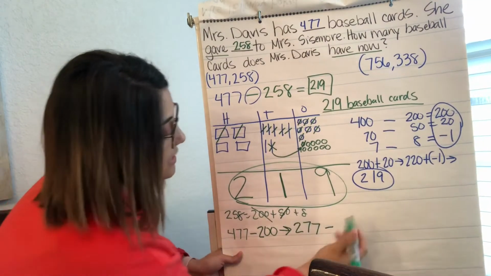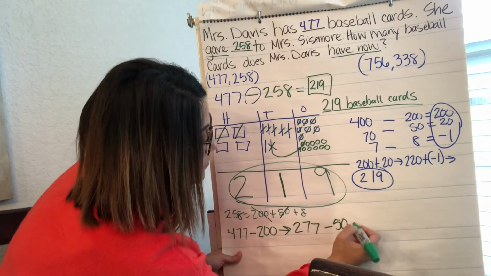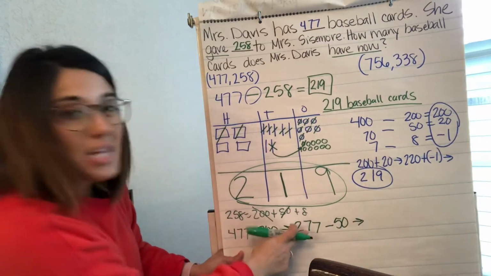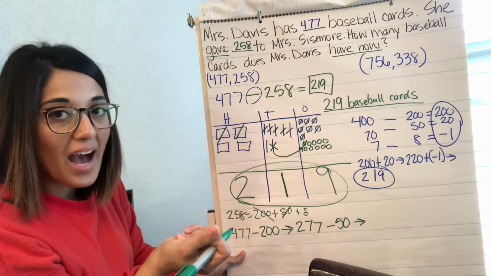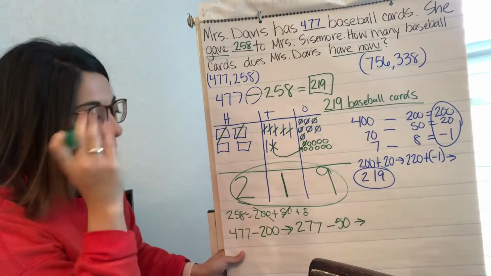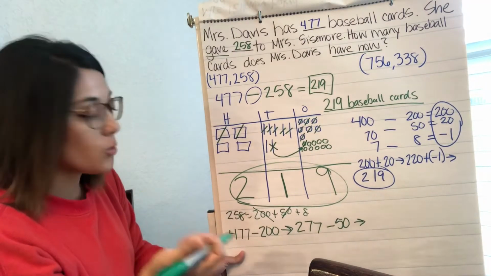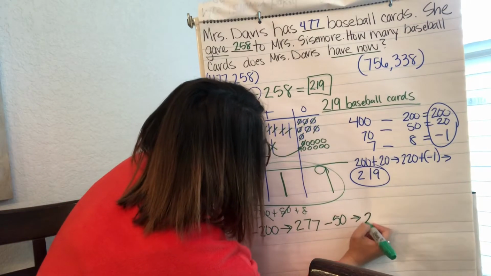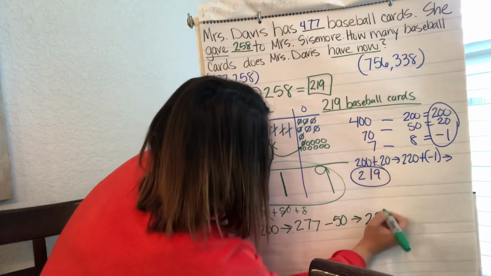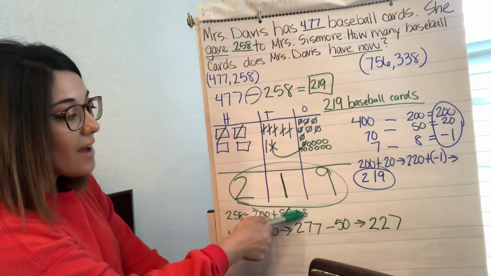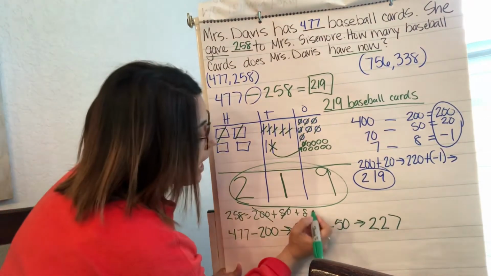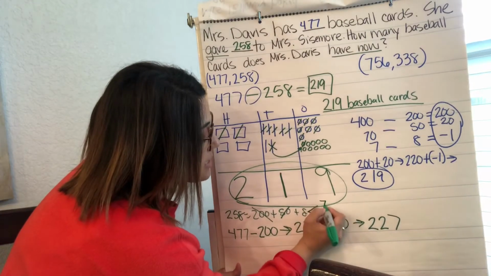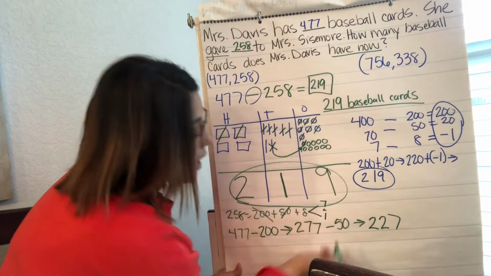I'm going to go ahead and take away the 50. So 277 minus 50 gets me to, because I know 7 minus 5 is 2, then I know 70 minus 50 is 20, so 277 minus 50 would be 227, okay? And then I have the 8 left. What I'm going to do with the 8 is I'm going to break it up into 7 plus 1, okay?